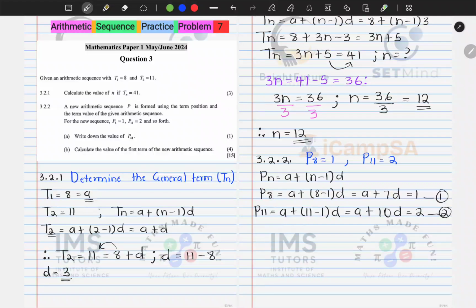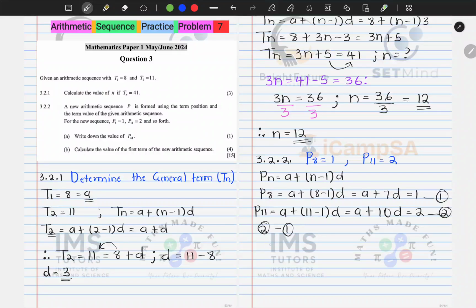Okay, so if you look carefully, we can do equation 1 minus equation 2, or equation 2 minus equation 1. So let's do equation 2 minus equation 1.